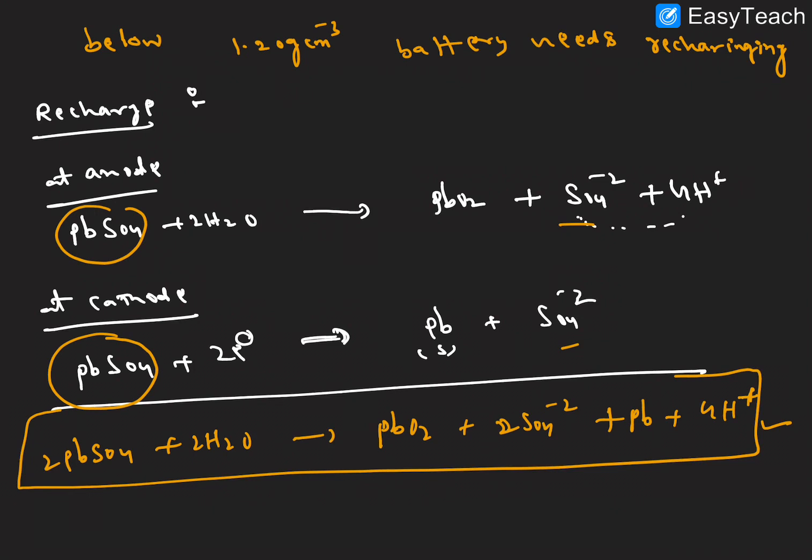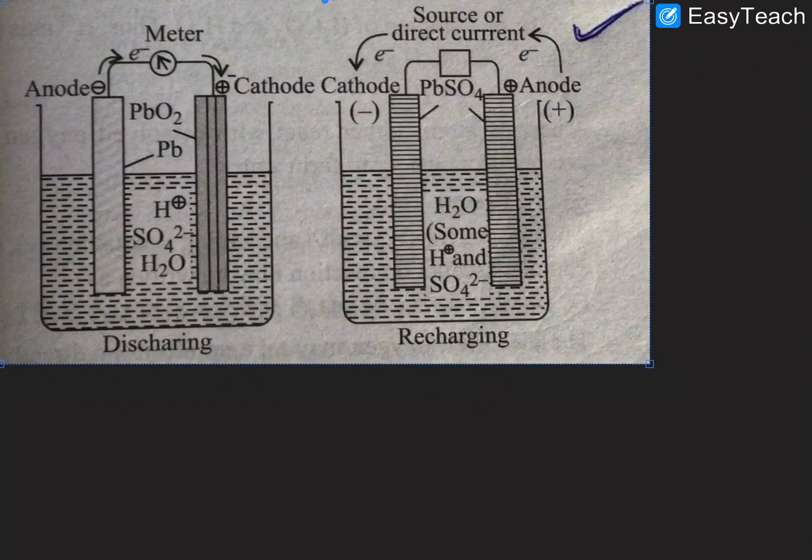Let us observe the cells here. We have to take 2 different cells, and they show it very clearly. So this is the recharging, and this is the discharging. At the anode, this is the anode plate, it is oxidized to lead 2+. We are already seeing the reaction.